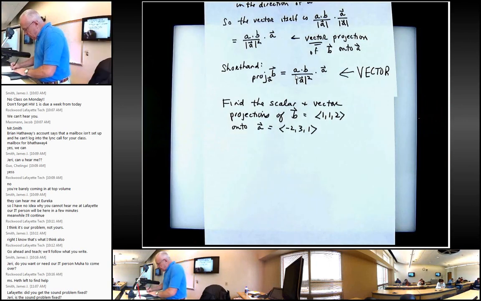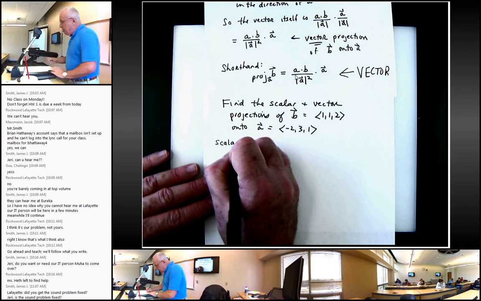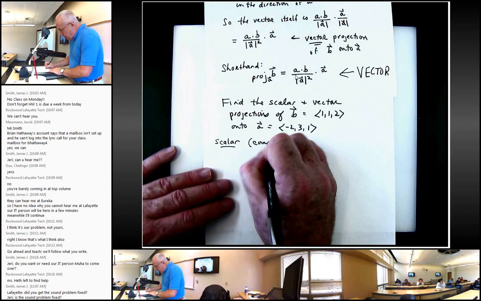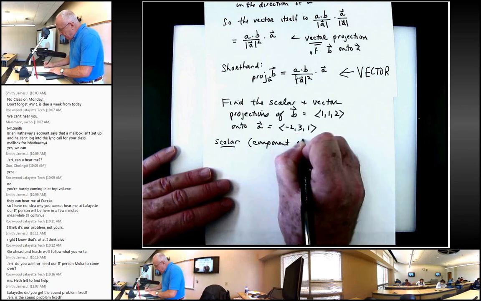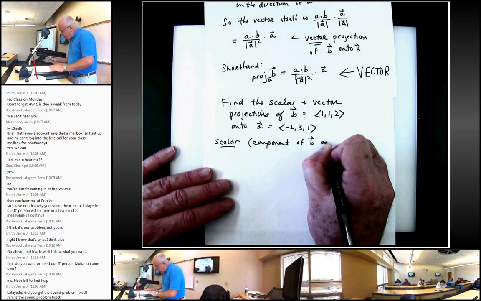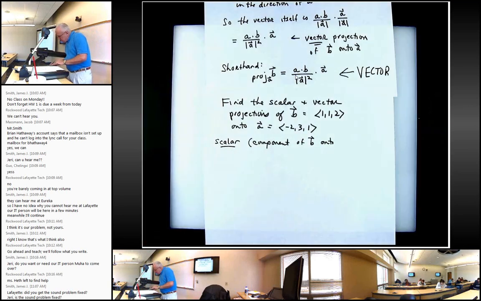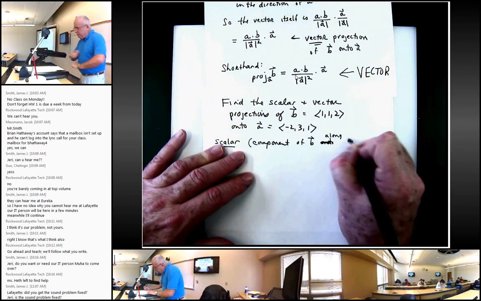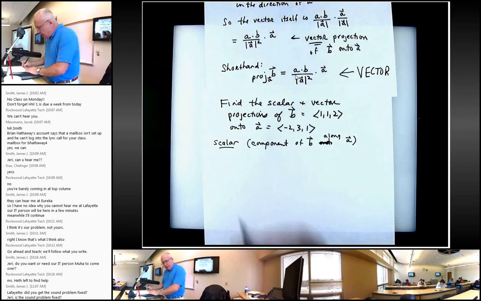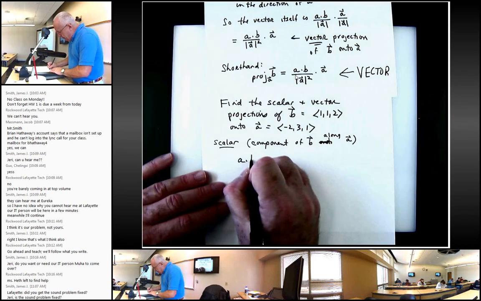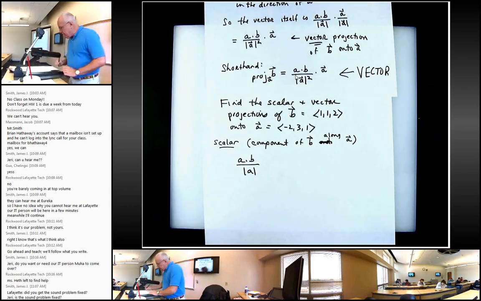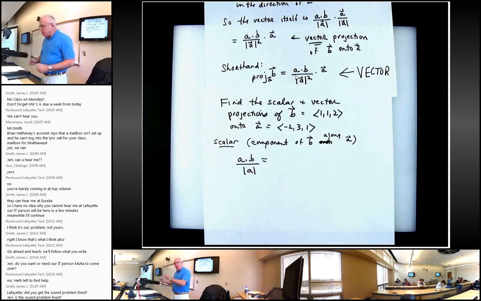So let's do the scalar projection first. And remember, another way to talk about that is the component of B along A. So what's the formula for that? That's A dot B divided by the magnitude of A. We can get A dot B just by multiplying the components together.